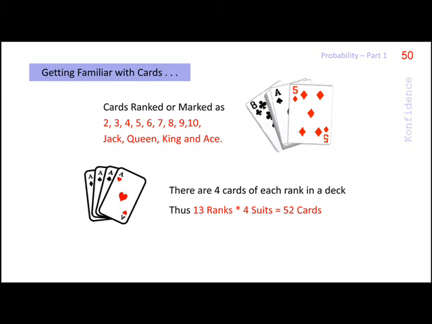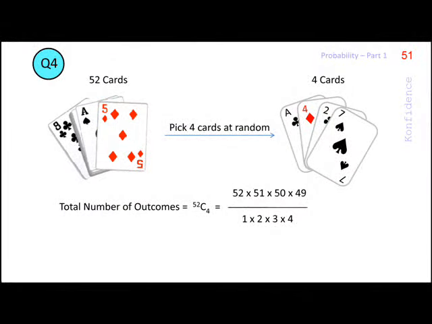Thus, for each rank, we shall have 4 cards, 1 of clubs, 1 of diamond, 1 of hearts, and 1 of spade. For example, we would have 4 aces, a club ace, a diamond ace, a hearts ace, and a spade ace.